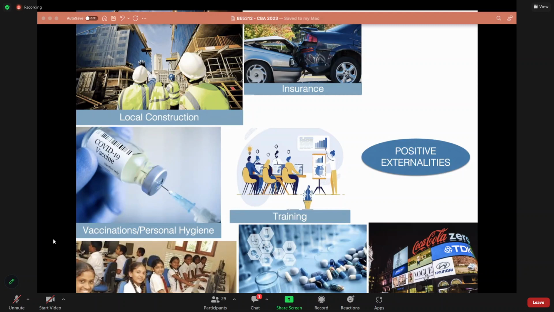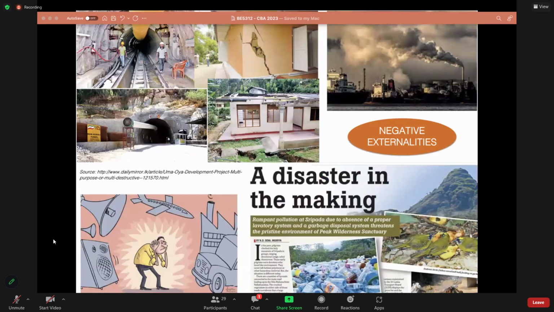So as users of those services, we get a positive externality out of that. So any good thing that unrelated third parties, people who are not directly part of an activity, get, we can identify as positive externalities.